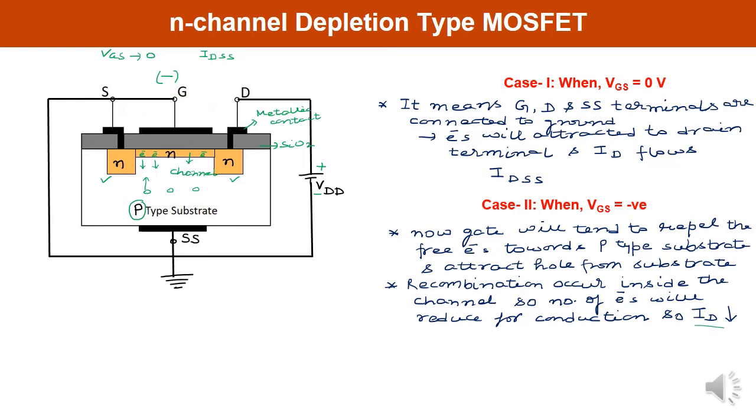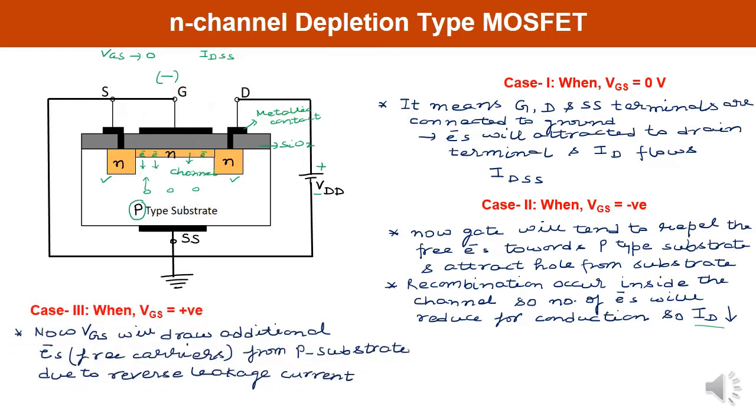The third case, when VGS is positive. When the gate terminal is positive, it will attract the free electrons available in the channel towards it. At the same time, some of the minority electrons in the P-type substrate will be attracted by the channel, so there is some flow of current because of the reverse leakage current.